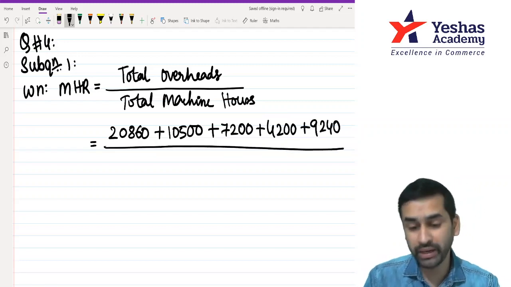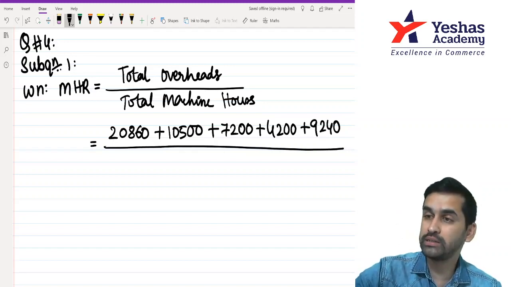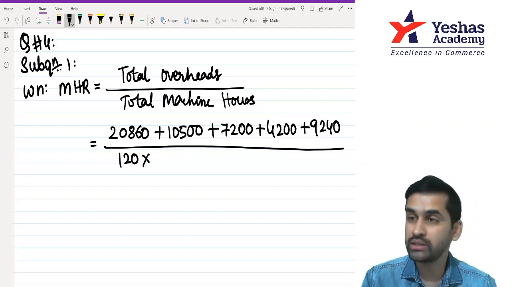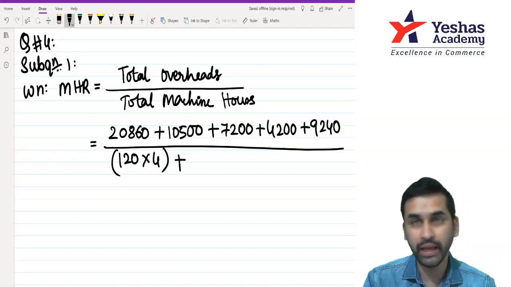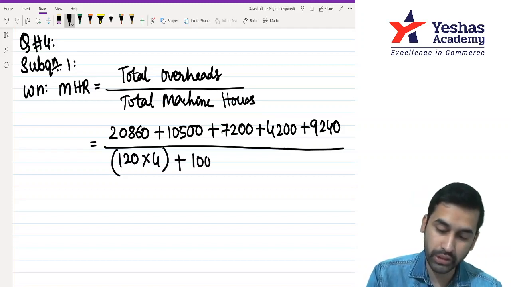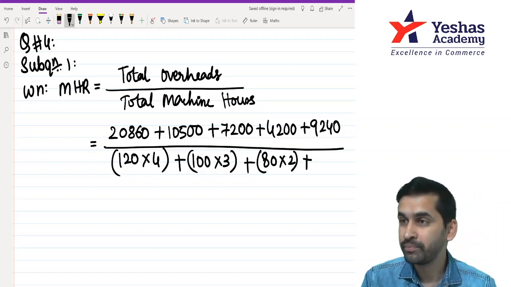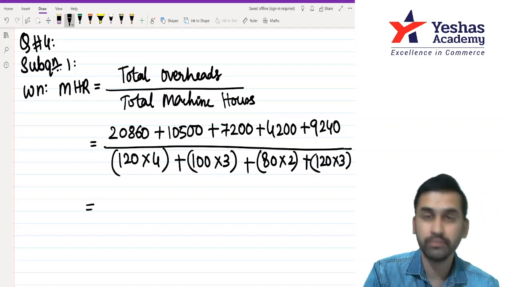Right. To be divided by total machine hours. How to get total machine hours? Sir, from the first table, for A, 120 units into 4 machine hours. That is for A. 100 into 3 for B. 80 into 2 for C. 120 into 3 for D. Correct?